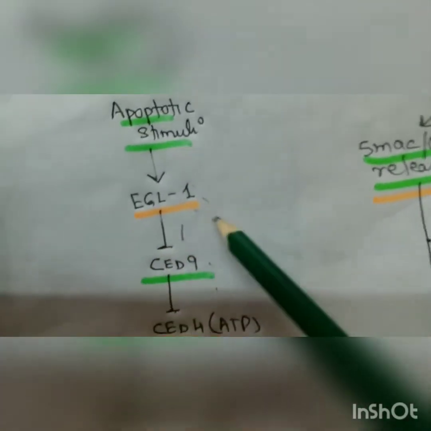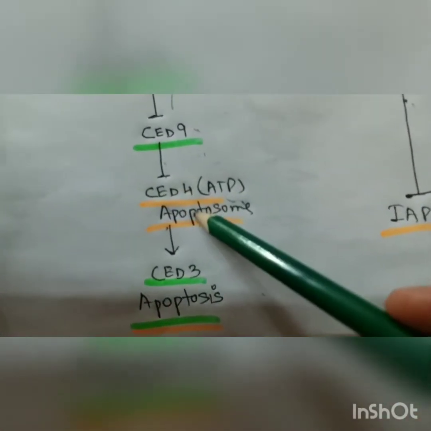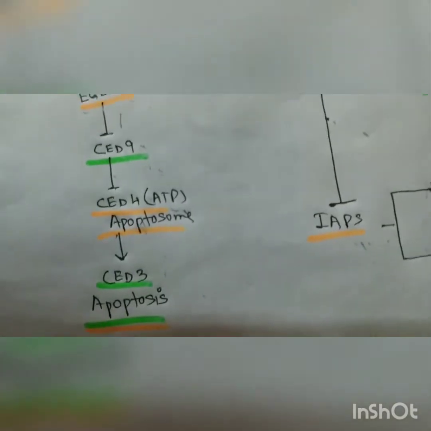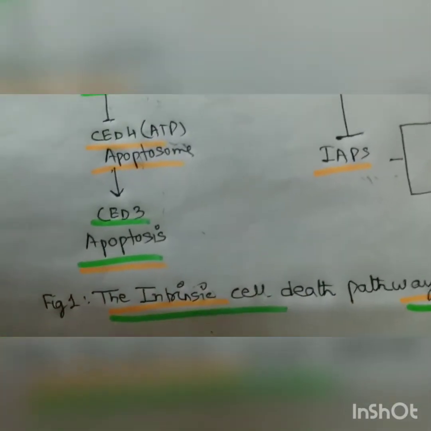And in the last lecture we did C. elegans, where EGL-1 basically inhibits CED9, and CED9 inhibits CED4. And when this is checked and these are released, CED3 and CED4, which is a type of apoptosome, activate CED3 and cause apoptosis.